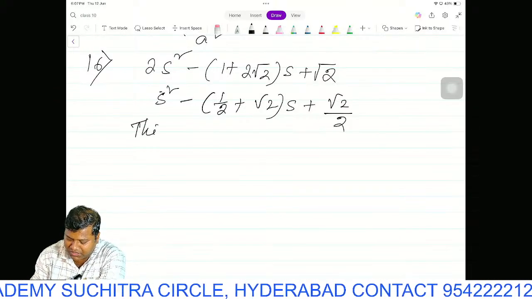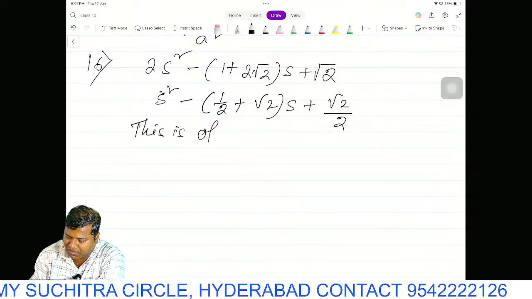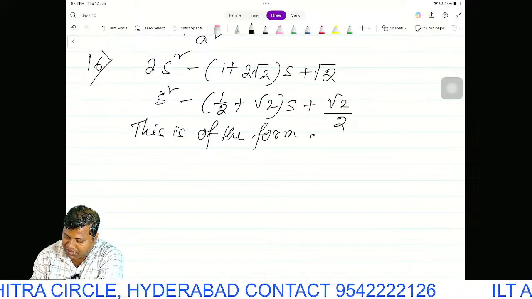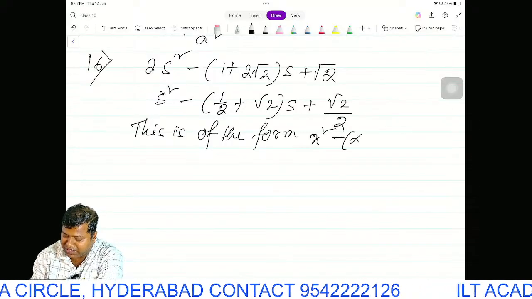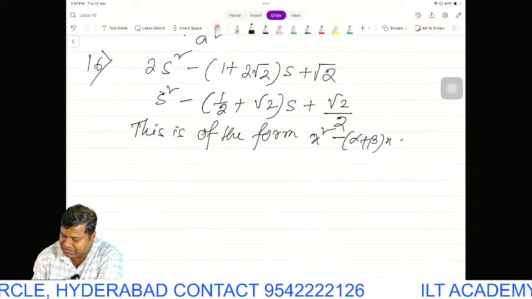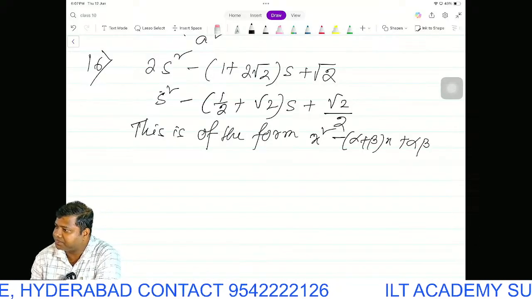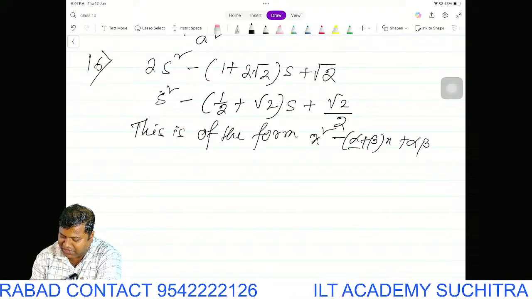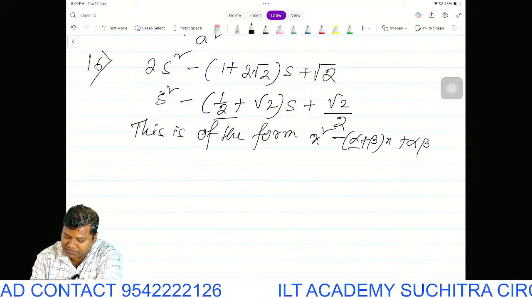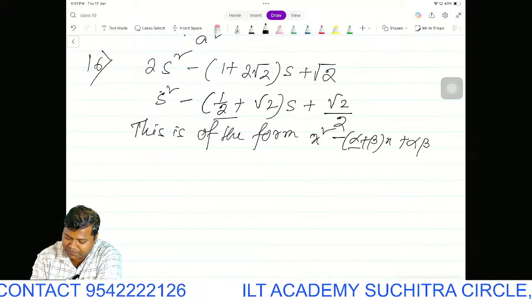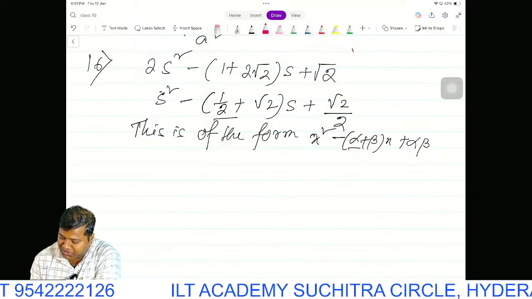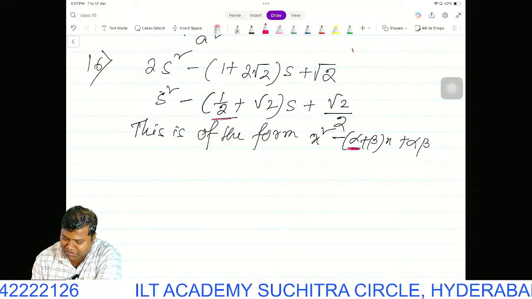Now this is of the form x square minus alpha plus beta times x plus alpha dot beta, right? If I compare, my alpha is 1 by 2.